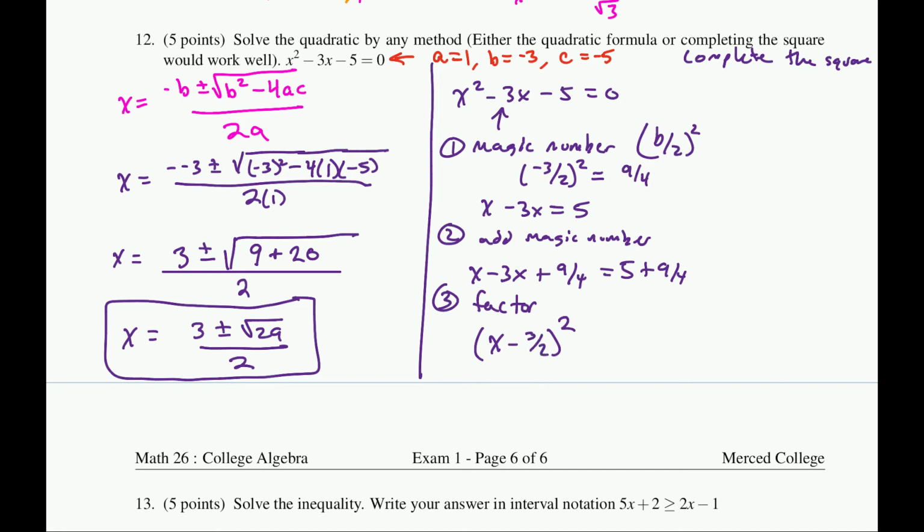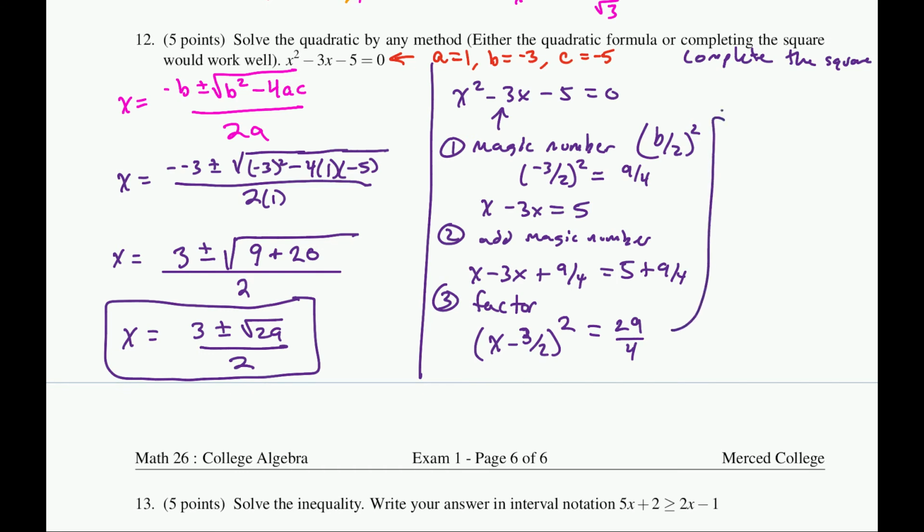And that's why, again, I'm saying this is not a great method for this problem. And over here, you have 5 plus 9 over 4. I'll just do that on a calculator. 5 plus 9 over 4, 29 over 4. Notice that you're starting to see the 29 in here.